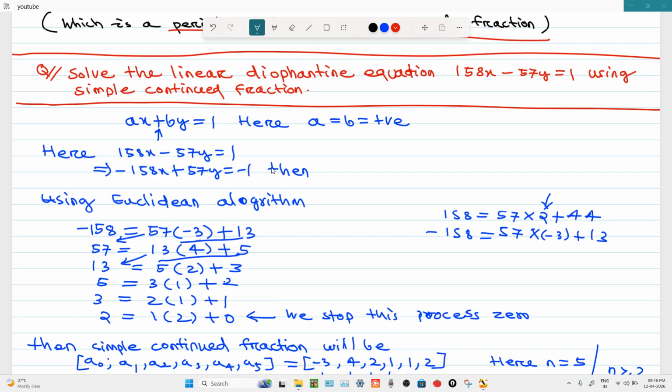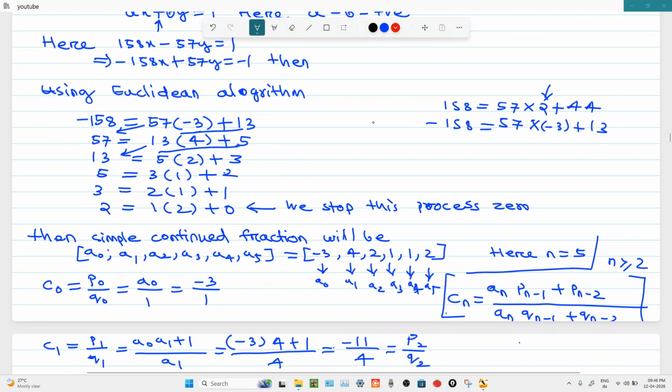Let's see. Minus 158 equals 57 into minus 3 plus 13.